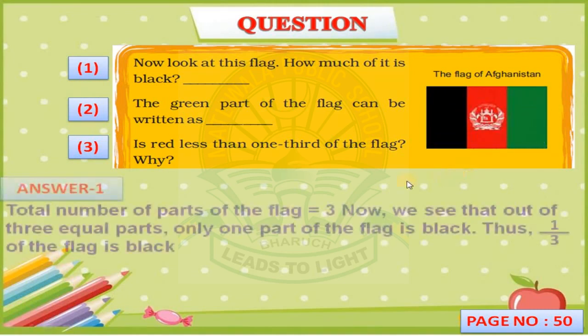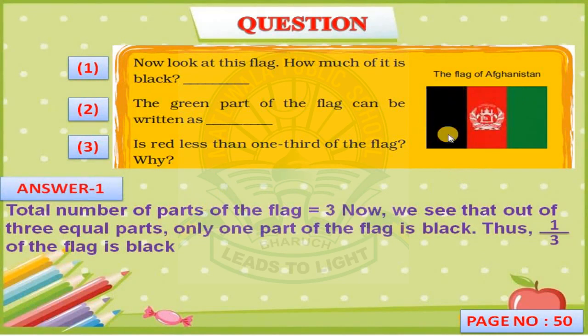There are total 3. This is 1, this is 2, and this is 3. So tell me, how many parts are of the black color? 1/3.